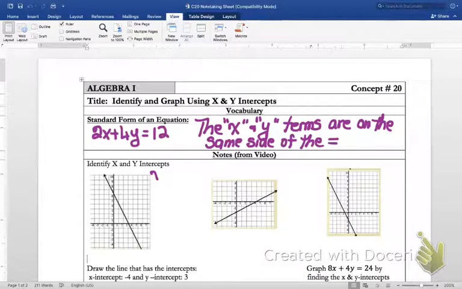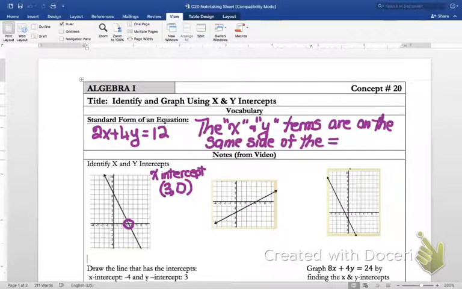Now the x-intercept of an equation, or of the graph of an equation, is where the graph crosses the x-axis. So in our first graph there, I've circled where our line crosses the x-axis, and it's at the point 3, 0.